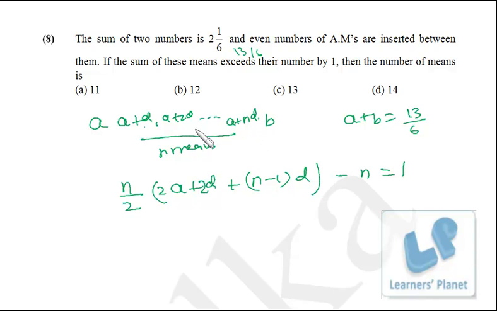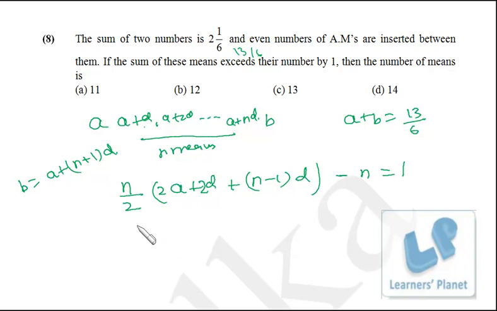and here you can see this is the first term in the entire sequence. This is the first term, second term, third term, so b will be precisely the n plus 2th term, so b is equal to a plus n plus 1 d, right, because it is the n plus 2th term.